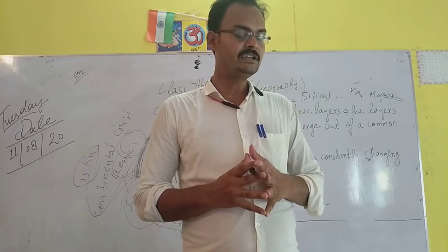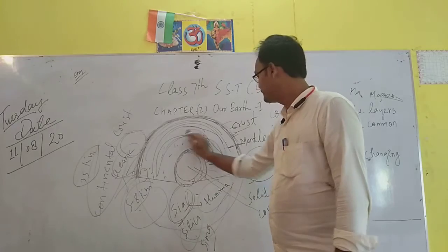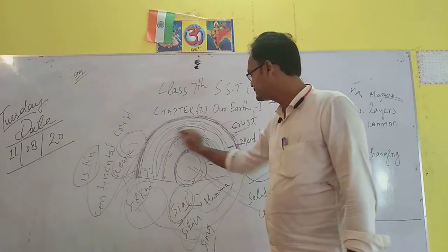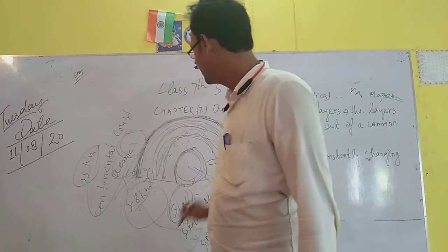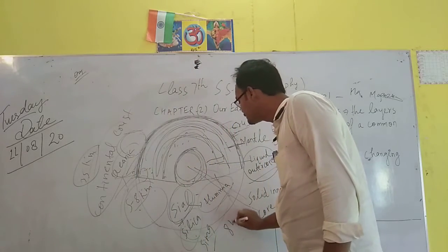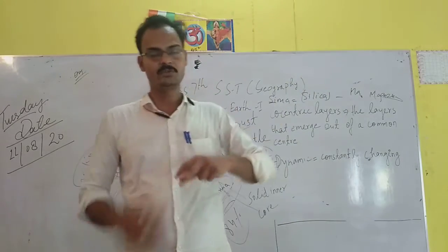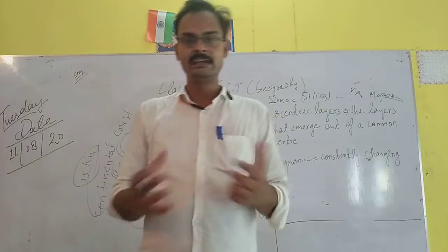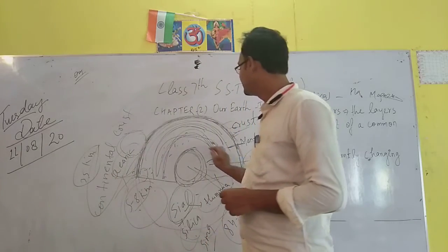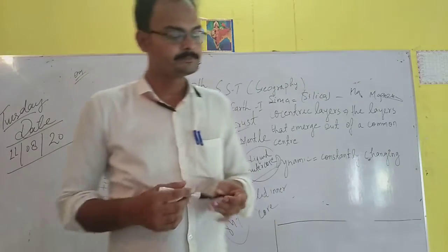It accounts for 84% of the earth's total volume. That means this mantle, the second layer of the earth after the crust, takes 84% of the total volume of the earth.